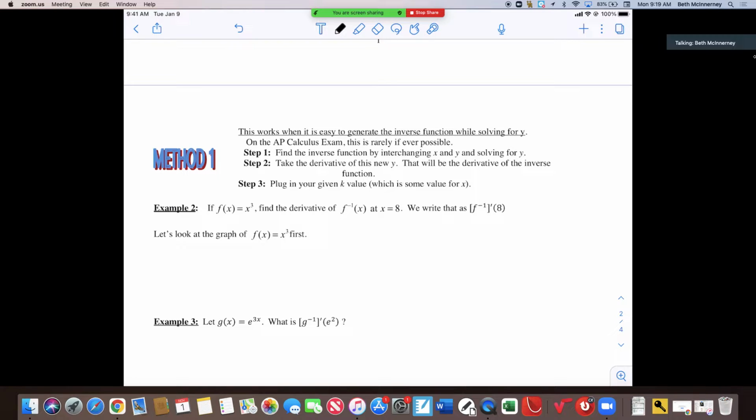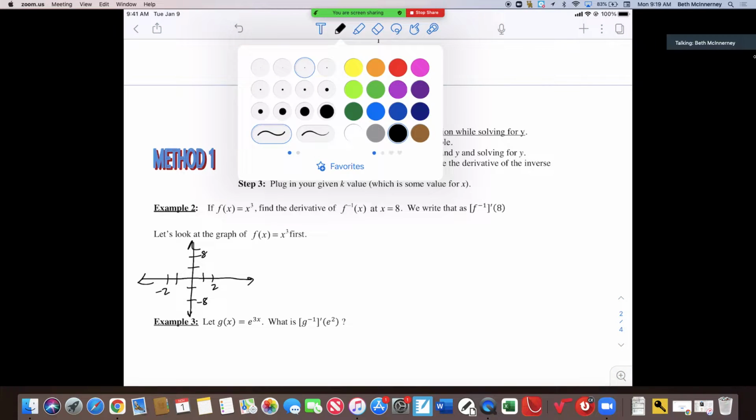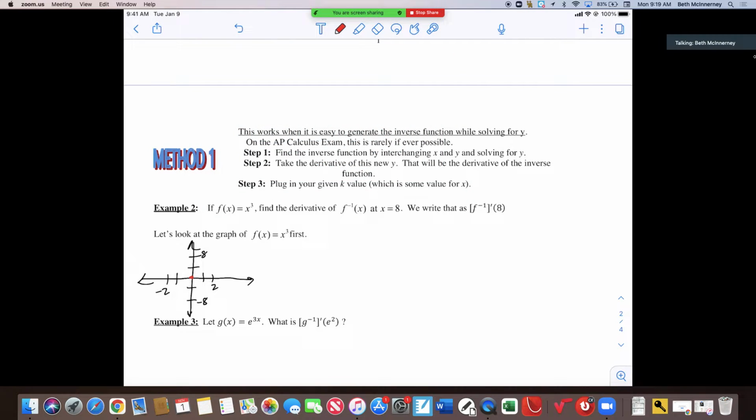Well, let's first look at the graph of x cubed. So I happen to know that (0, 0), (1, 1), (2, 8), (-1, -1), (-2, -8), based on Algebra 2 and pre-calc.